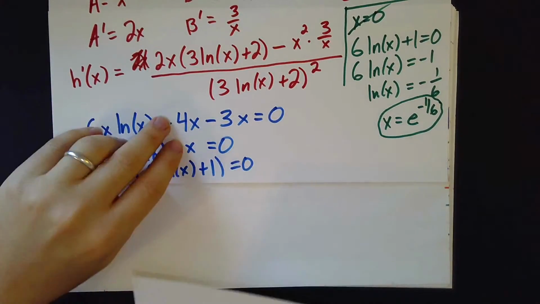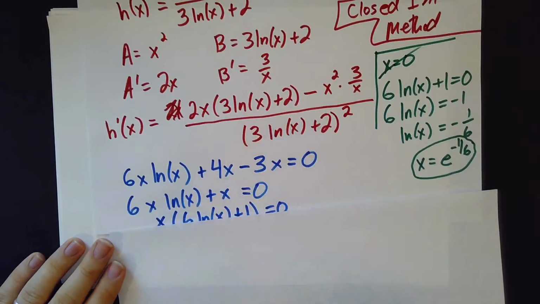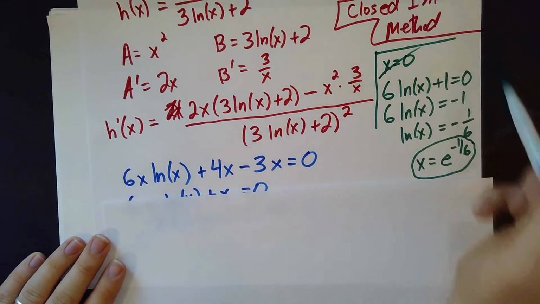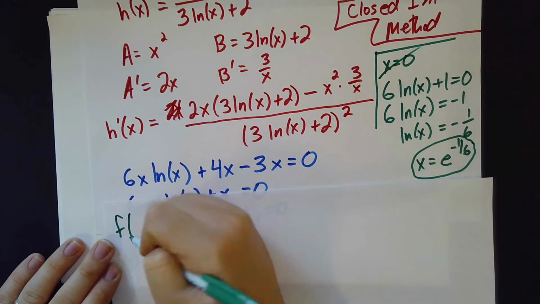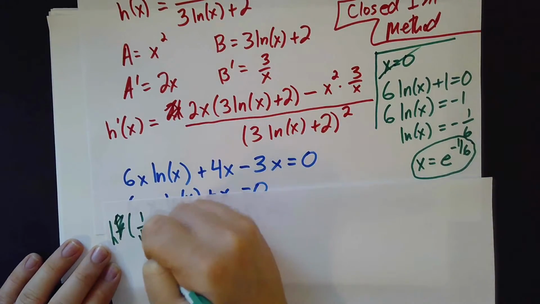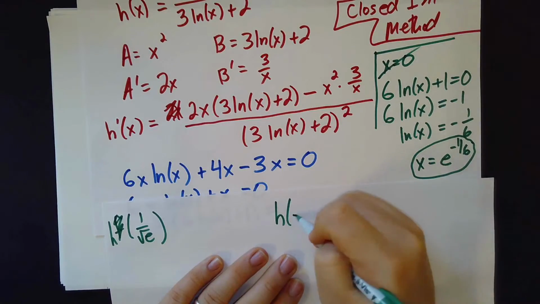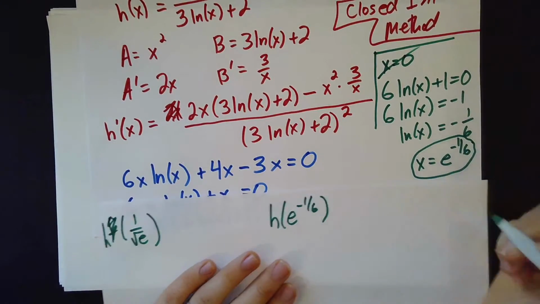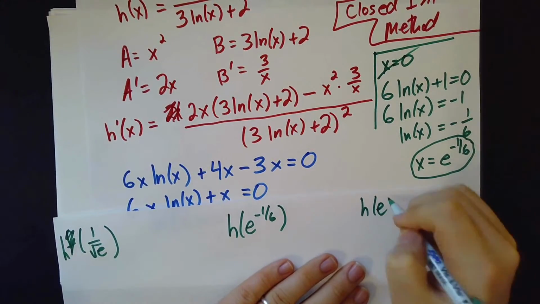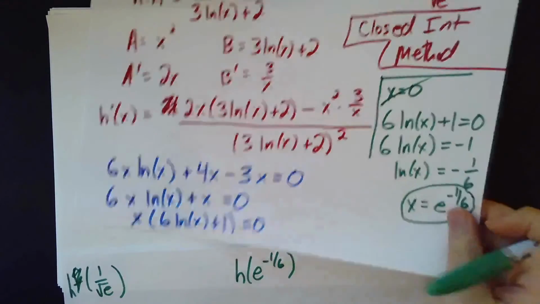Okay, so now I have to evaluate our function here at the endpoints and there. Sorry, h is our function's name. I'll do that in a second, but do you have any questions about things so far?